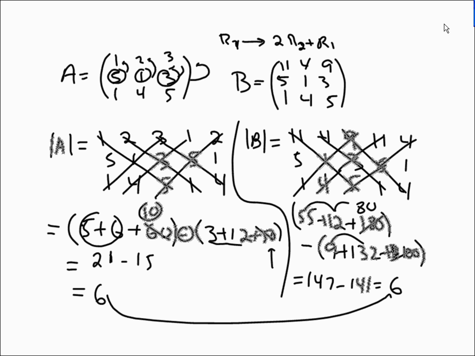You can add a multiple of one row to another row. Now, you cannot add a multiple of one row to a multiple of another row and say the determinants are the same. Because when you multiply one row by some number, and you replace that row with that multiple, that's different. If you multiply a given row by 7, and you put that result in that row, that's different.